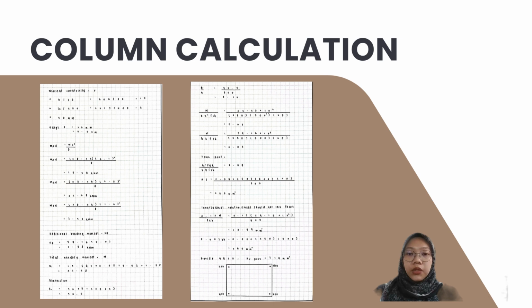So, we insert the data, we got 18.99 mm square. Then, we need to know the 0.002 bh. Then, we got 250 mm square. So, from that, we look at the table and the provided is 4H10 and the AS provided is 714 mm square.